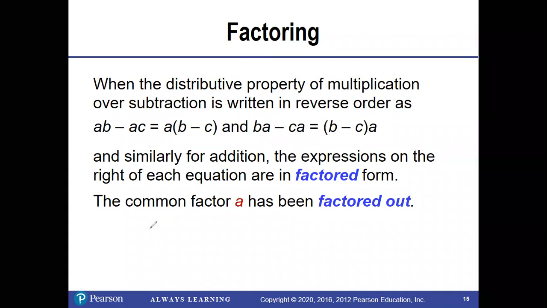If we have 7x minus 5x, what do they have in common? Well, they have an x in common. So if I wanted to factor that out, I can take out the x. And then what's left? 7 minus 5. And we know 7 minus 5 is 2. So this ends up being 2x.